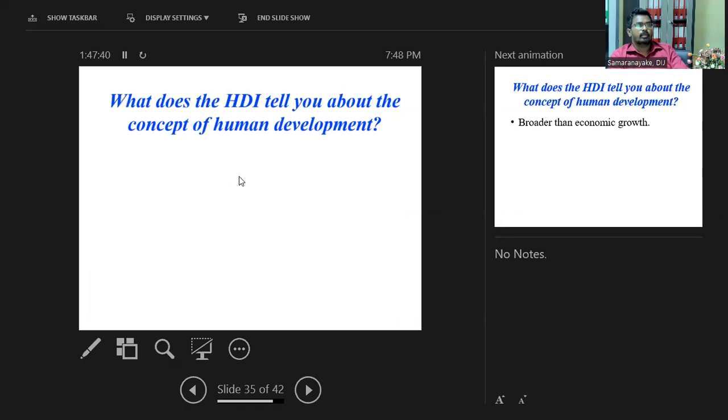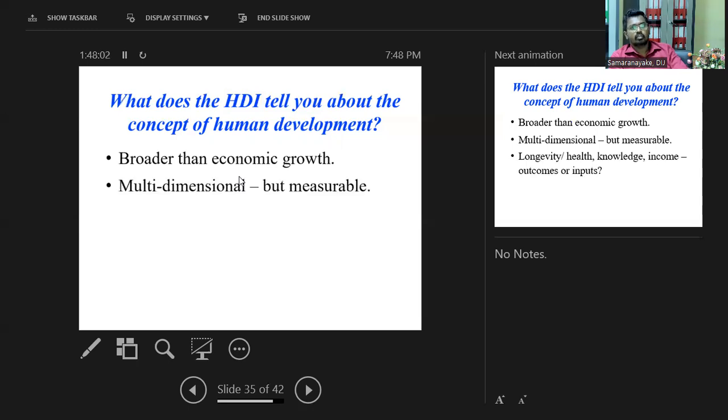Now the question is, what does this HDI, the Human Development Index, tell you about the concept of human development? What exactly is it saying? Here we agree it is broader than economic growth, of course, because we have more things under consideration.